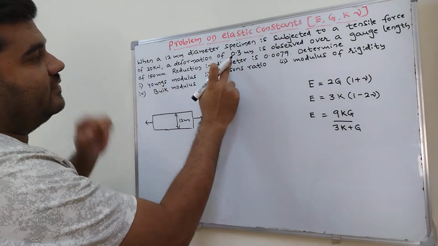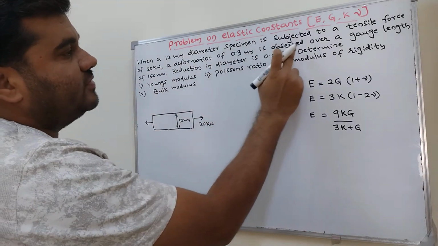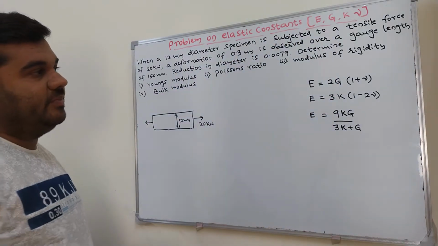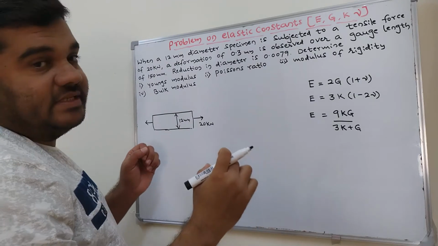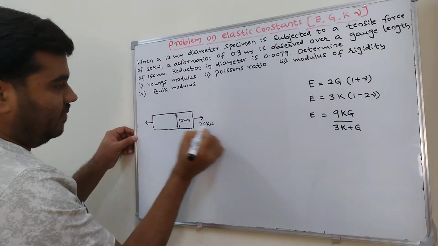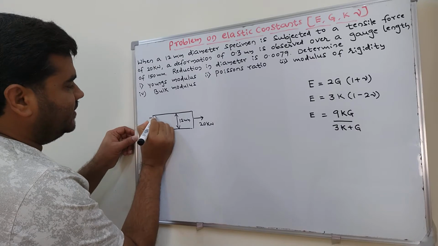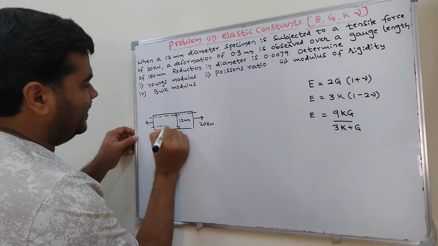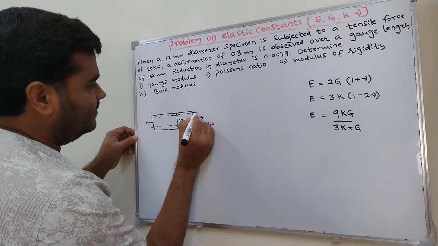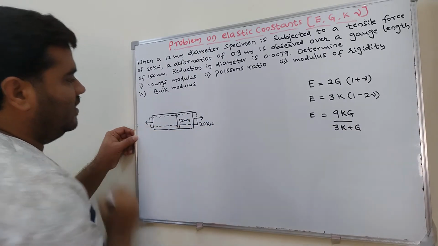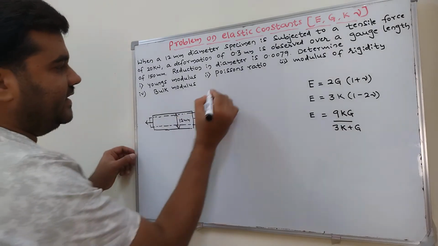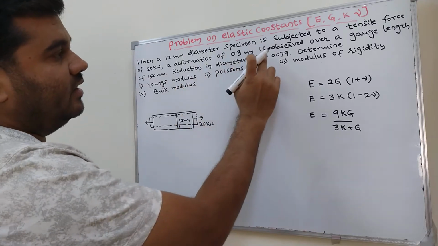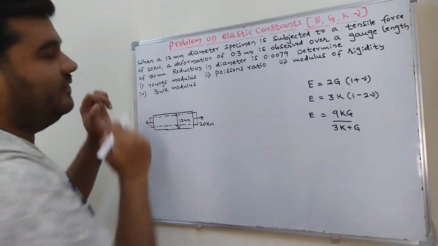A deformation of 0.3 millimeter is observed over a gauge length of 150 millimeter.